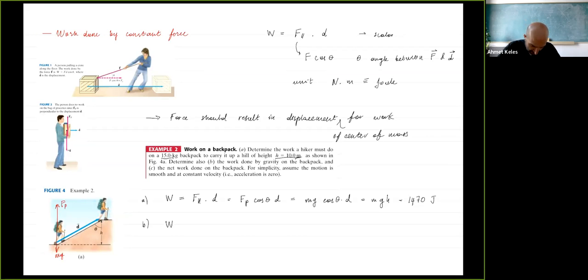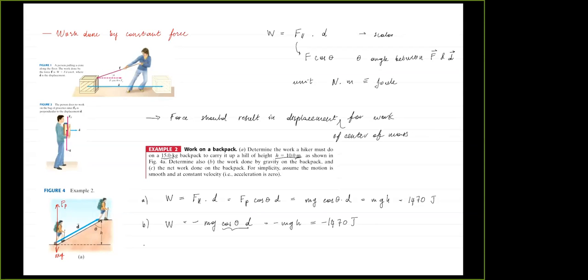So I need to put a minus sign. This is the mg, this is the cosine theta, and that's the same displacement d. Again, I'll use h for this. This is minus mgh, which is equal to minus around 1400 joules.